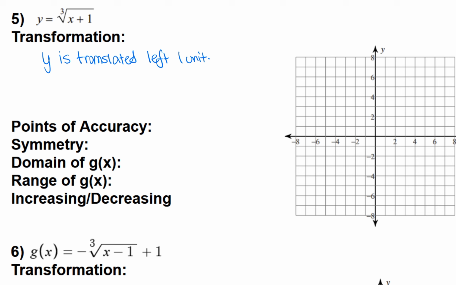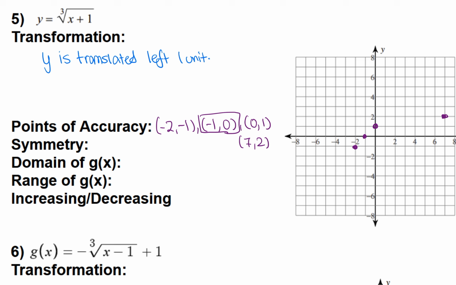For the points of accuracy, I have them located at -2, comma, -1, at -1, comma, 0, at 0, comma, 1, and at 7, comma, 2, in which the point of inflection is located at -1, comma, 0. From there, let's go ahead and plot the points. We have one at -2, comma, -1, at -1, comma, 0, at 0, comma, 1, and at 7, comma, 2.